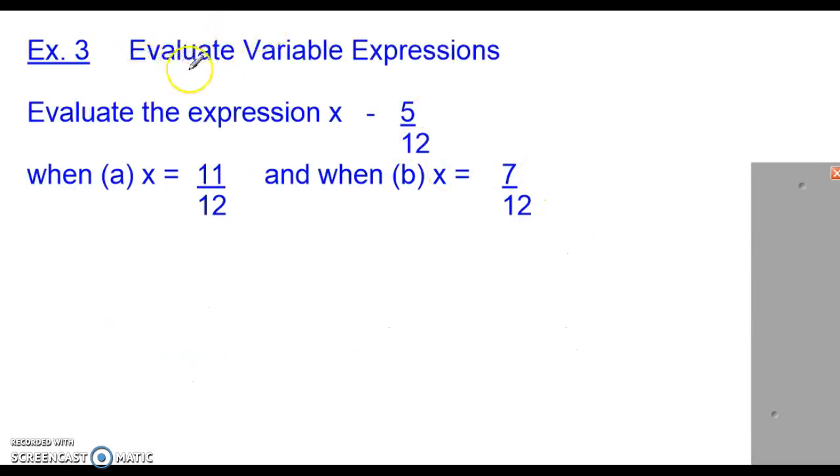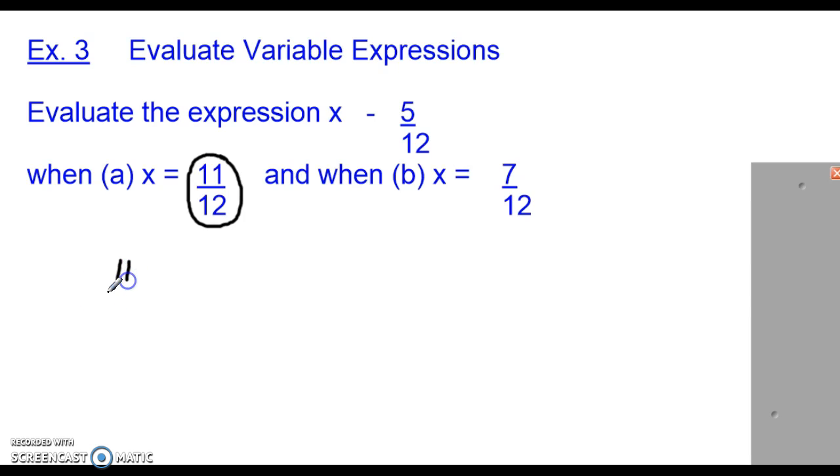Okay, so this one says evaluate the variable expressions. Evaluate the expression x minus 5/12. And then there's two different examples. So it says when x equals 11 over 12 and when x equals 7 over 12. So what I'm going to do is take this right here, and it's telling me that x equals 11 over 12. I'm going to put it right where this x is.